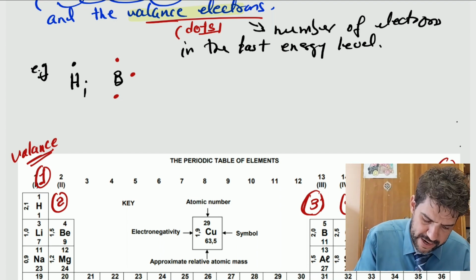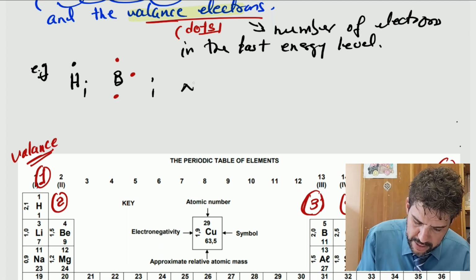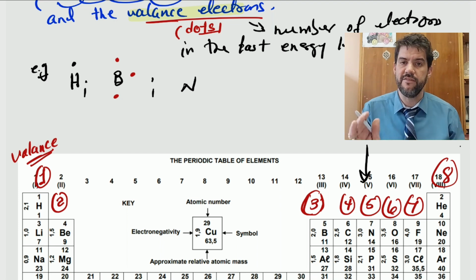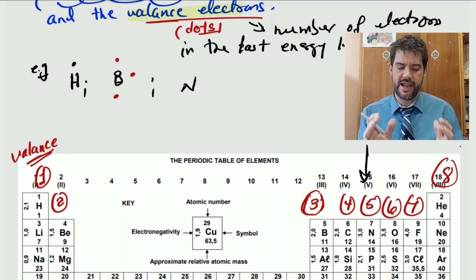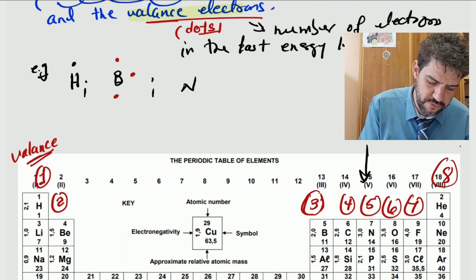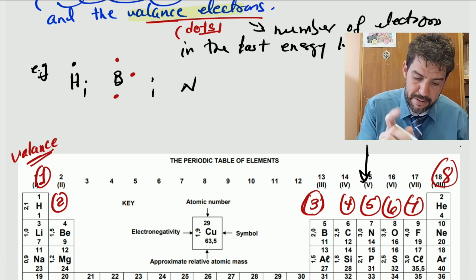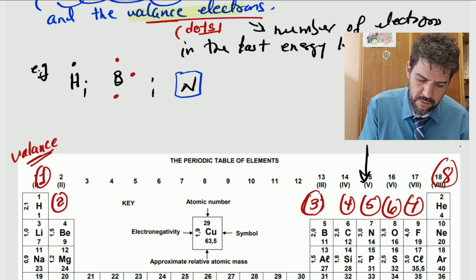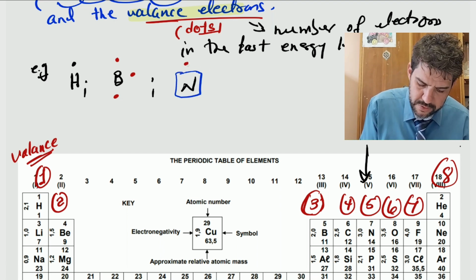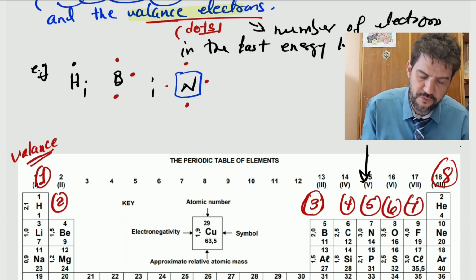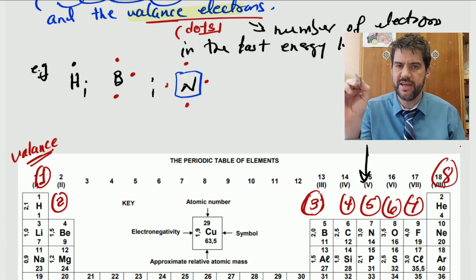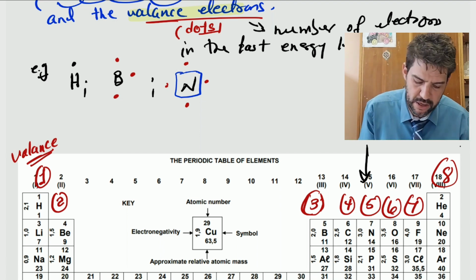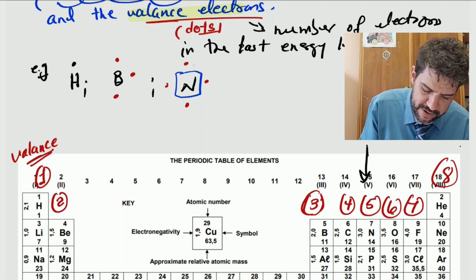Let's see, for example, nitrogen. The valence electron for nitrogen is in group 5, it is 5. It means 5 electrons in the last energy level. So if you draw the valence electrons, remember, like if there is a square, we have 1, 2, 3, and 4. You always place one valence electron on each of the 4 sides of the square, and then you start repeating 1, 2, 3, and 4, and the 5 is there.